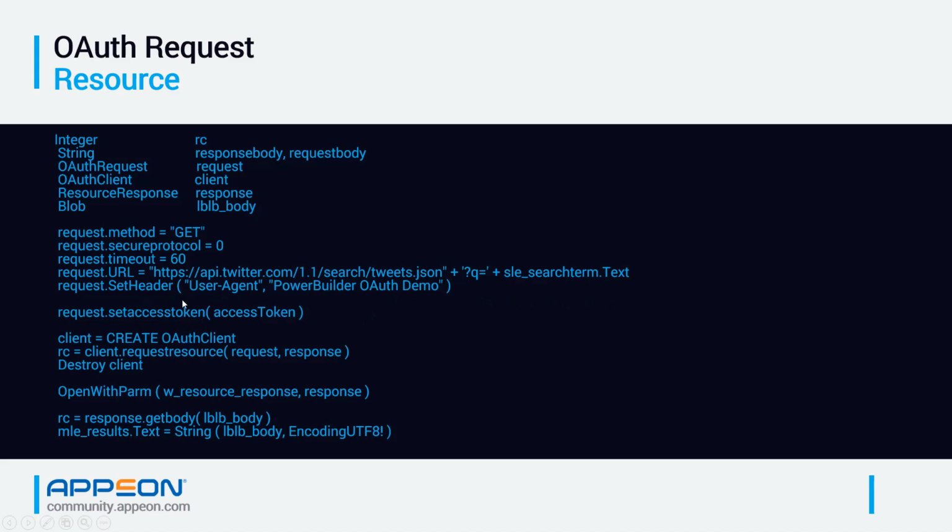And once again, I found that if I didn't do a set header for user agent, Twitter would ignore my requests, so I'm doing the set header. I'm setting the access token for the request. This is what I got back from the access token method.